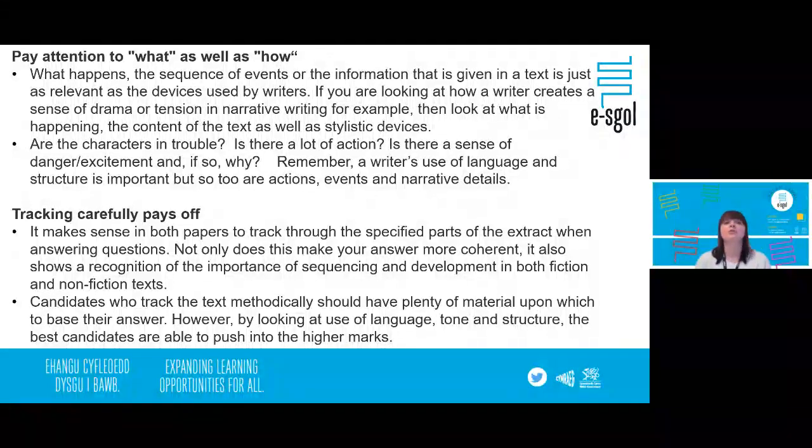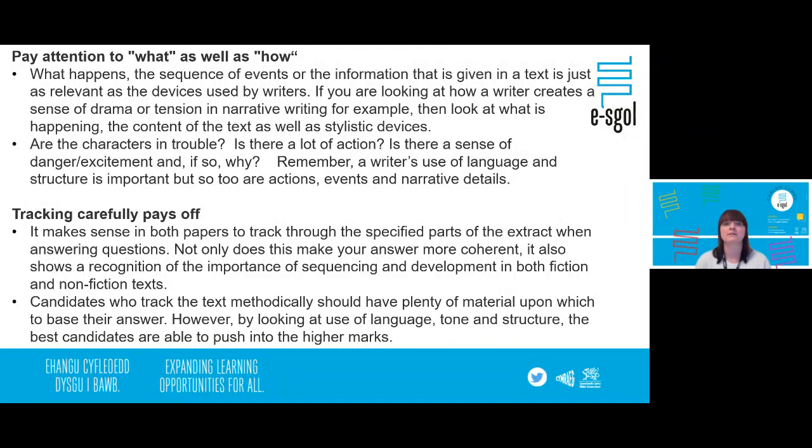The what and the how questions, okay: so what happens, the sequence of events, the information given in the text is just as relevant as the devices used by writers. If you're looking at how a writer creates a sense of drama or tension, then look at what is happening, okay? So there's a few tips there. I've mentioned it already, this idea of tracking really carefully, really chronologically, okay?